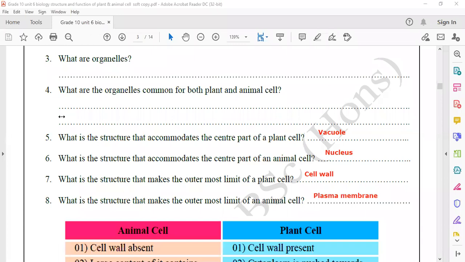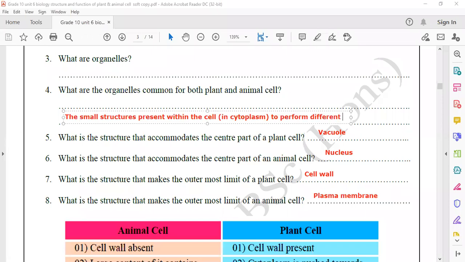According to the textbook, this is the definition: the small structures present within the cell. Within the cell, inside the cell, meaning in the cytoplasm, to perform different functions.